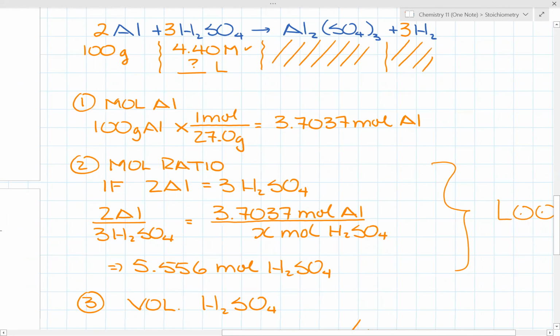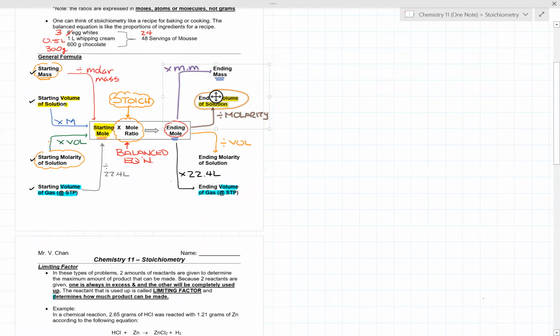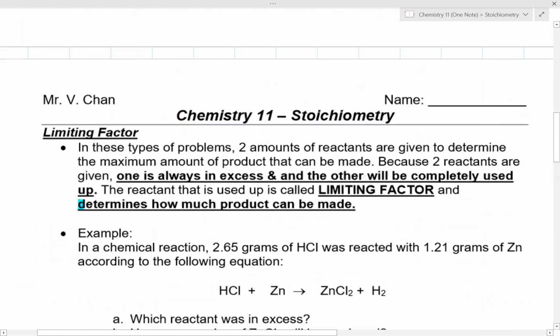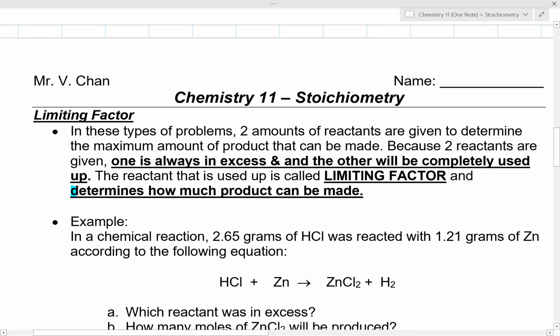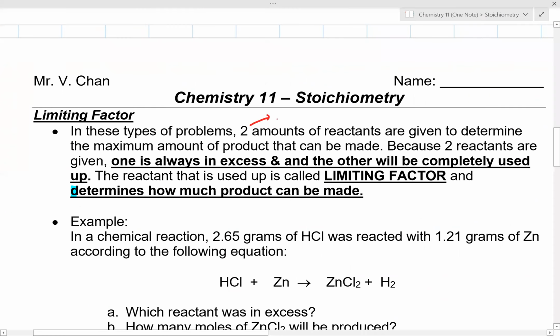When we talk about limiting factor, in these types of problems, two or more amounts of reactants are given to determine the maximum amount of products that can be made.